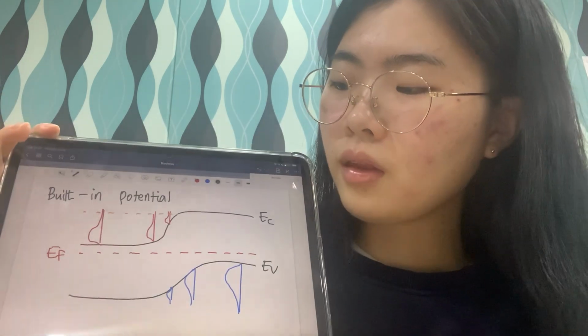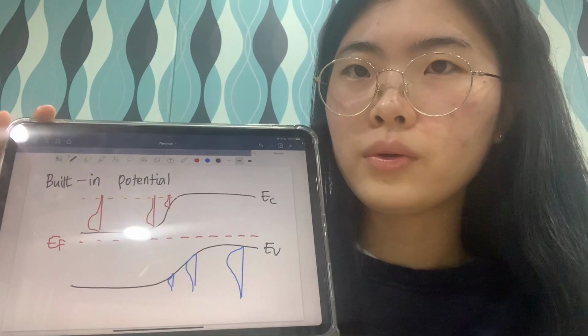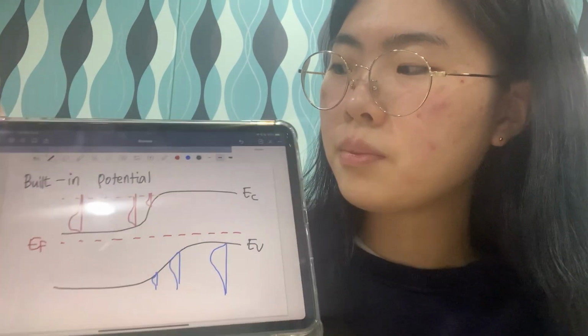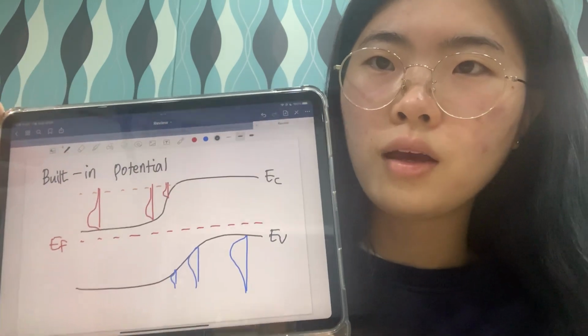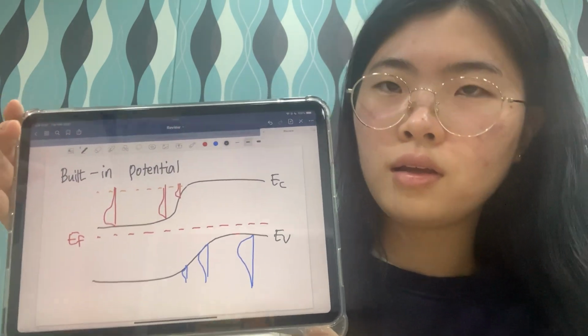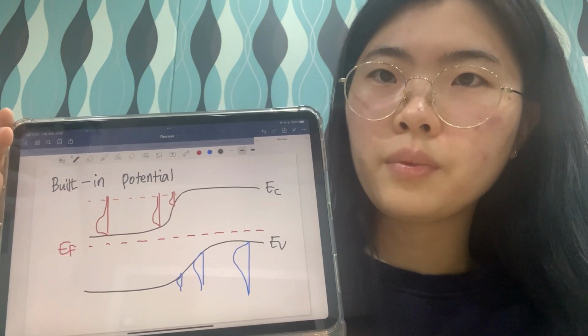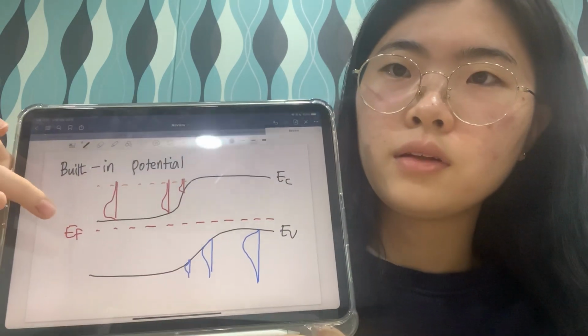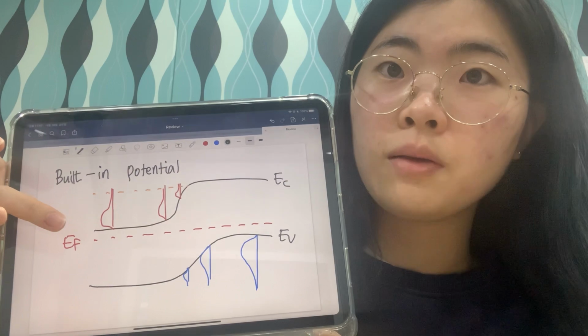So we can know the electron and hole concentration from this diagram, and in this case, it is a thermal equilibrium state. So this Fermi level is drawn at the same level.